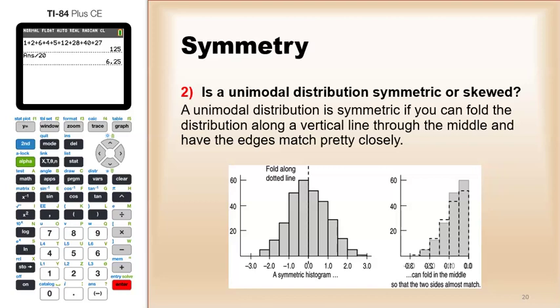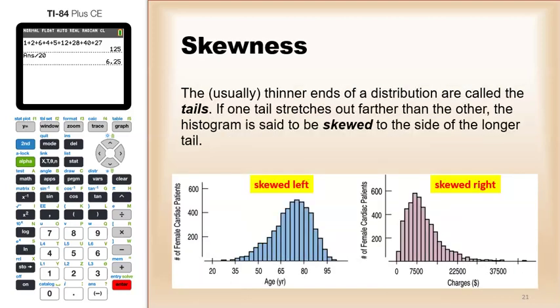So the best we can do is see whether it looks more or less like the left and right sides are the same. When one side, we call them the tails, when one tail tends to be longer than the other tail, we call that skewed. So if one tail stretches out farther than the other, the histogram is said to be skewed to the side of the longer tail.